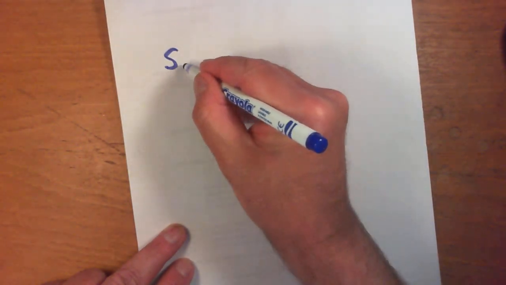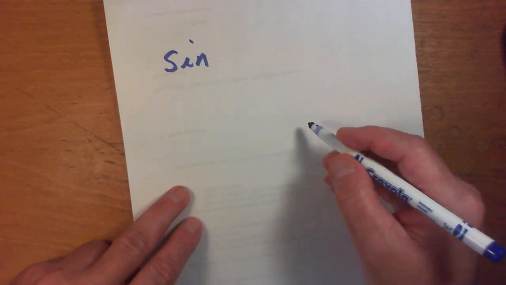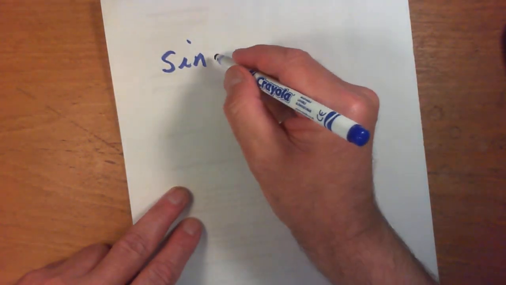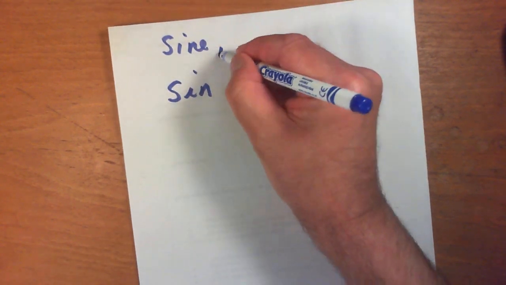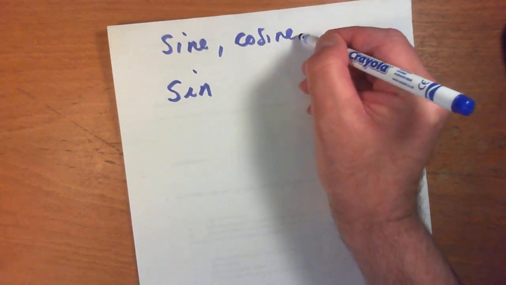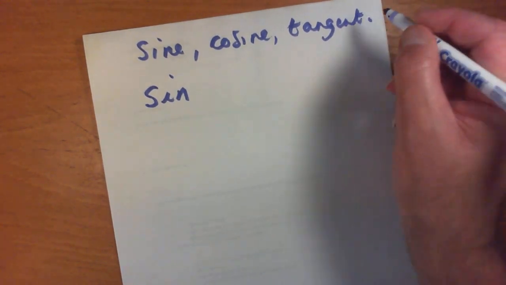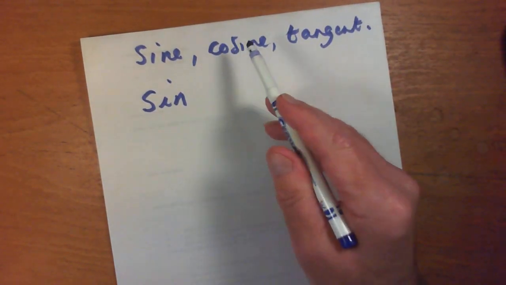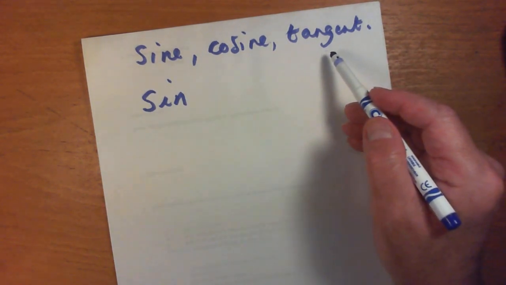And from those definitions, you can draw up various trigonometrical definitions: sine, cosine, tangent. Those are the names in full. I should also say in passing that tangent has two meanings in mathematics.